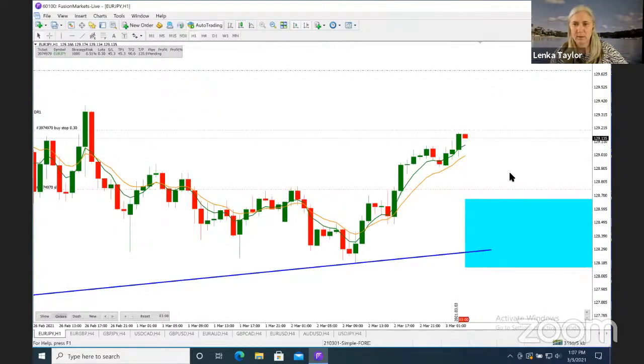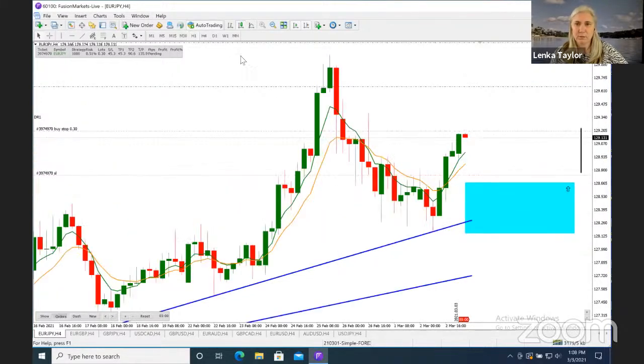Maybe you wait for the pullback a little bit into that area here. I don't know, there's no real indication there for me to take a trade. That was the question from Paul. So yeah, on H4, I'm happy to take that trade there.